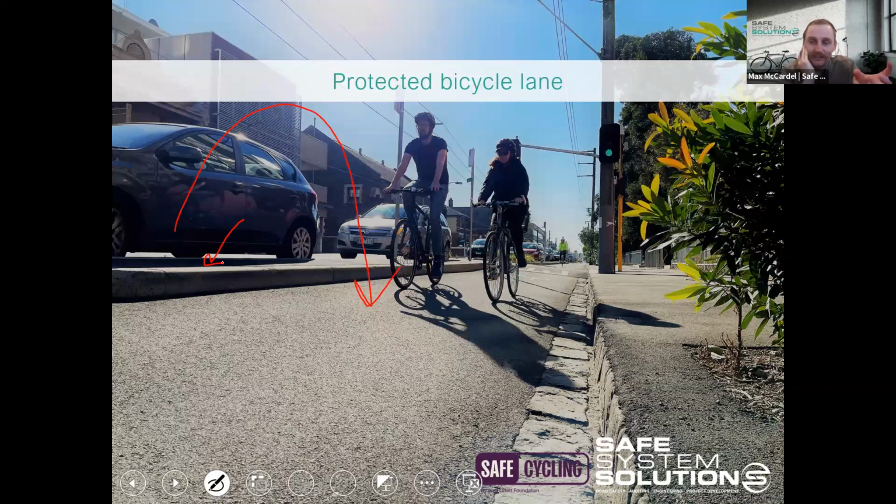But the general consensus is we're moving away from the dooring zone. We are pulling cyclists closer to the curb and channel, providing some degree of separation, and then having your parked car lane or the live traffic lane, whatever is currently there. So really, really important thing to improve safety for cyclists is the installation of these protected bicycle lanes.